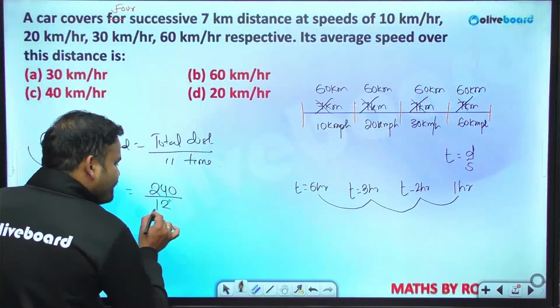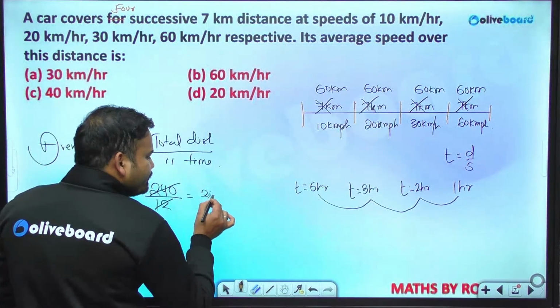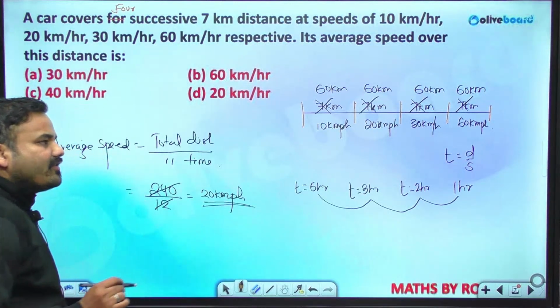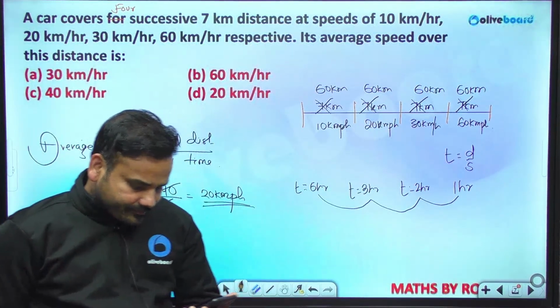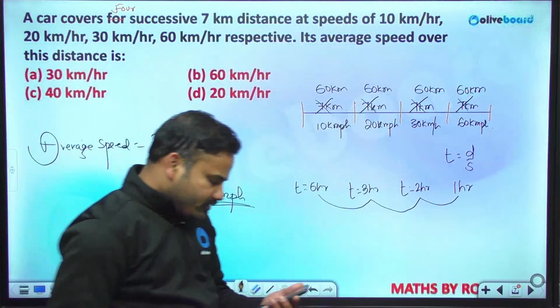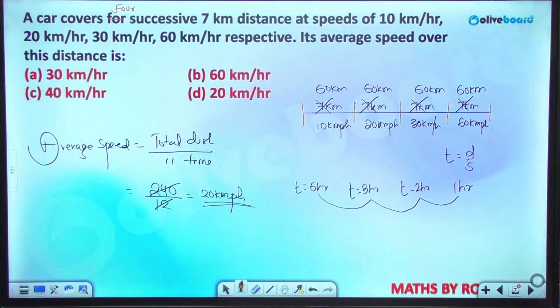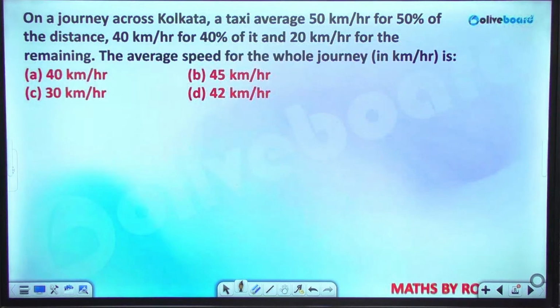That is, the average speed is 20 kilometers per hour. 20 kilometers per hour will be the average speed. Is it clear, everyone? Rohan, Sambhu, very good. 20 kilometers per hour is the answer. Yes, 20 kilometers per hour is the average speed. Next question.